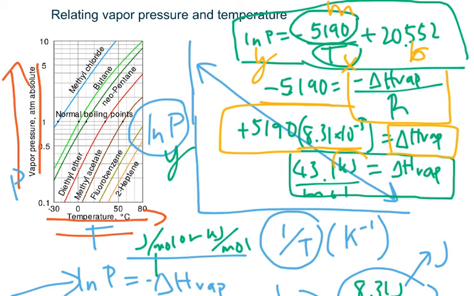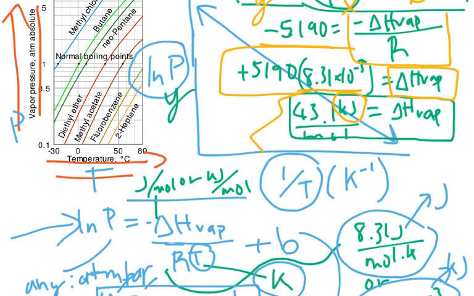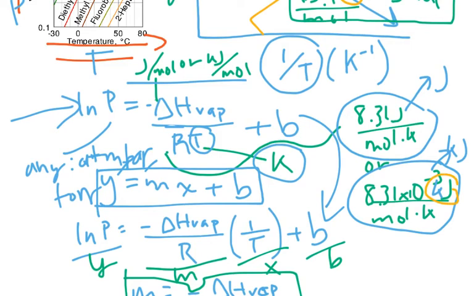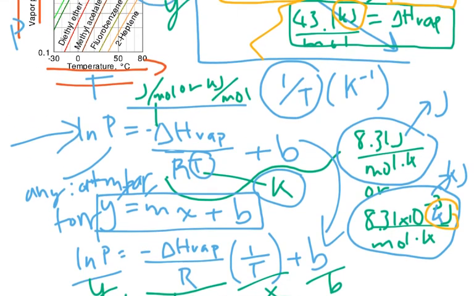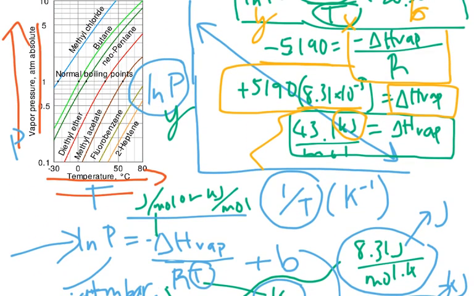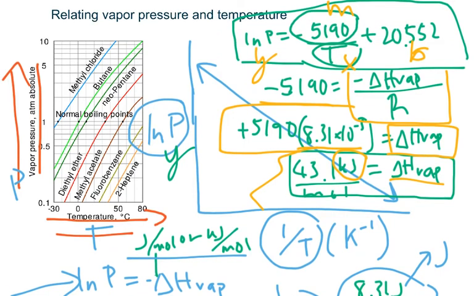You're wondering, where did I get this unit from? Well, if you remember, 8.31 times 10 to the negative 3 is in kilojoules. Since we use that number, our answer will be in kilojoules. So 43.1 kilojoules per mole will be the delta H of vaporization. It just goes to show that through the equation of a line, you could figure out the delta H of vaporization for this graph, which is awesome.